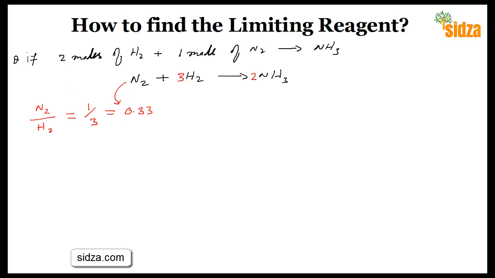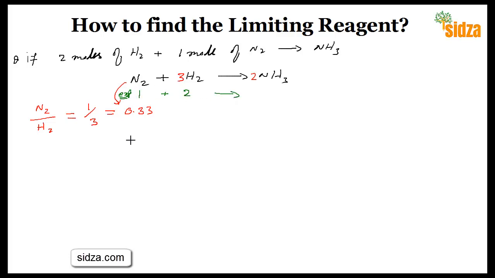Now I will look at the experimental ratio. The question says we are taking how many moles of hydrogen? We are taking 2 moles of hydrogen with 1 mole of nitrogen. So this is our experimental ratio. This is our experiment in which we are taking 1 mole of nitrogen and 2 moles of hydrogen.